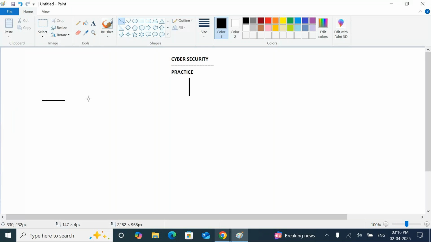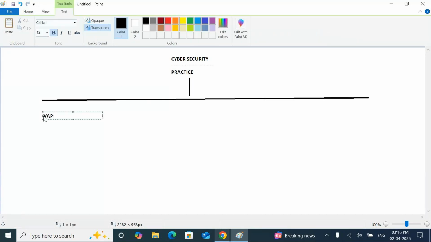The first one is VAPT, and the second one is ethical hacking. The third one is SOC analyst, where SOC stands for Security Operations Center.